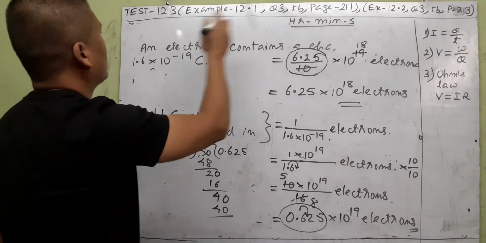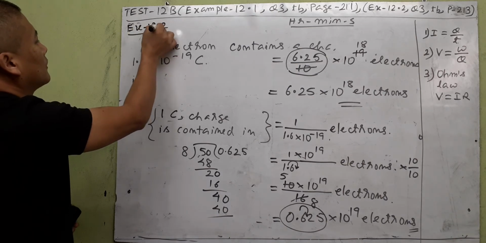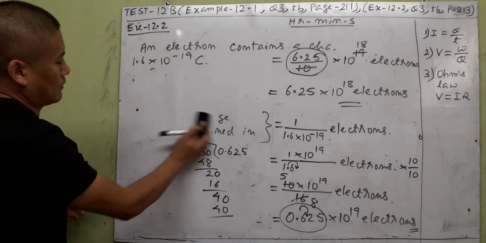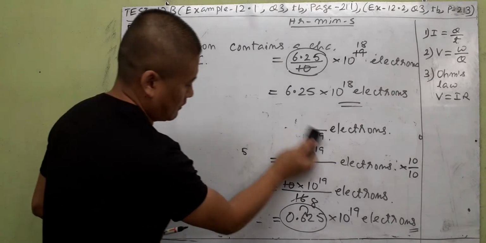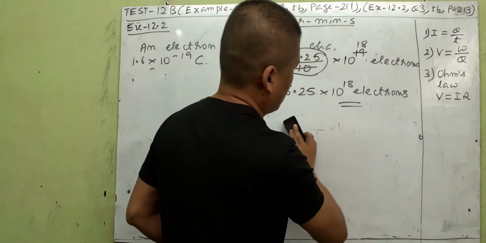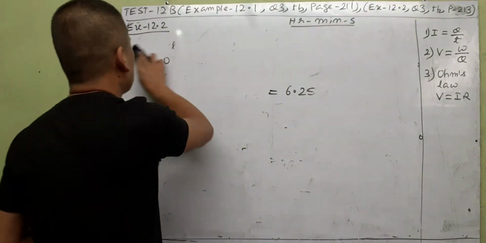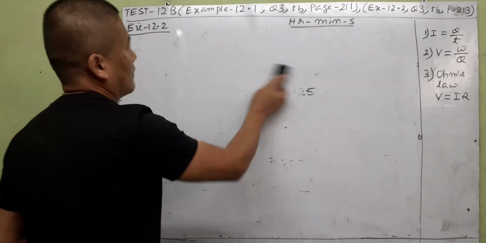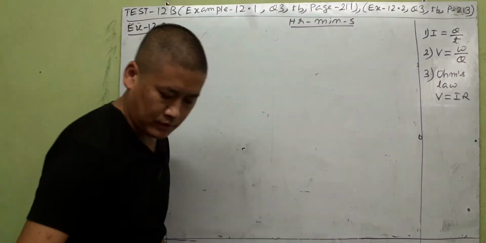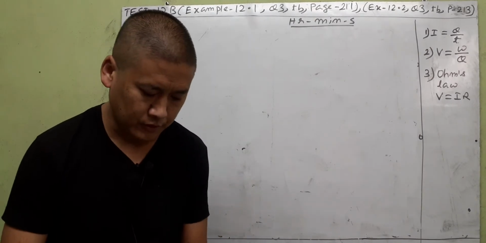Now 2 more questions. Example 12.2. So let us go there. Okay, so let us see page 213 now. How much work is done?